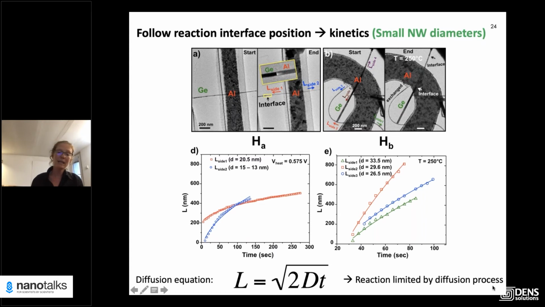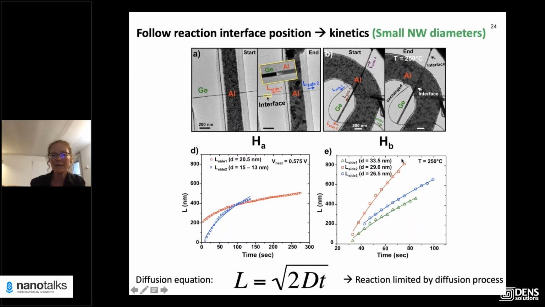Now, in the literature, we can find models about how this curve should look depending on what limits the reaction. For this system, we saw that the speed of the interface progression can differ according to the nanowire diameter. For example, here the smaller one goes a bit faster, but it's not systematically the smaller one going faster.